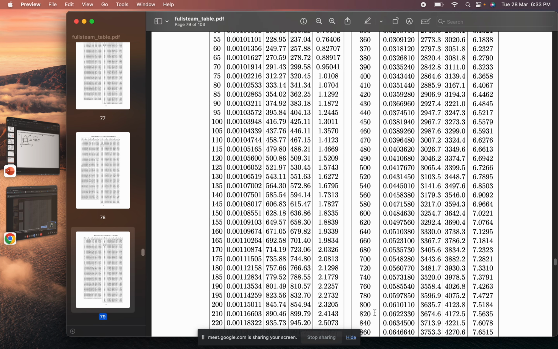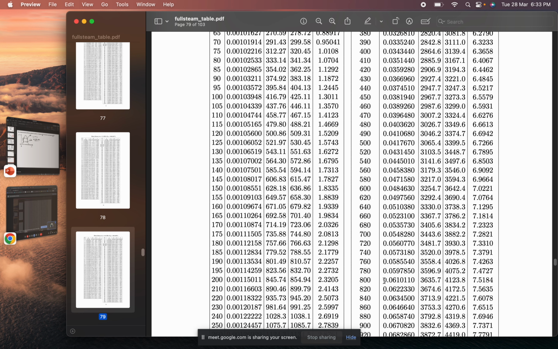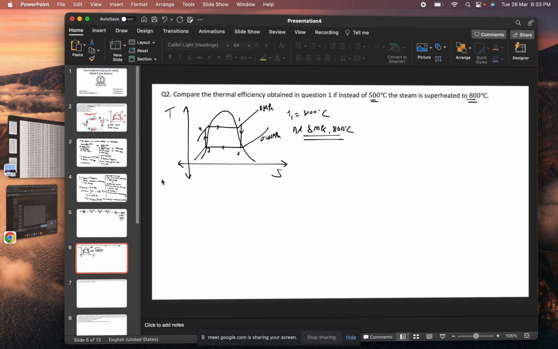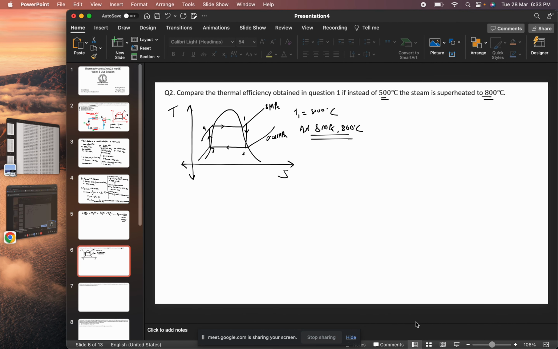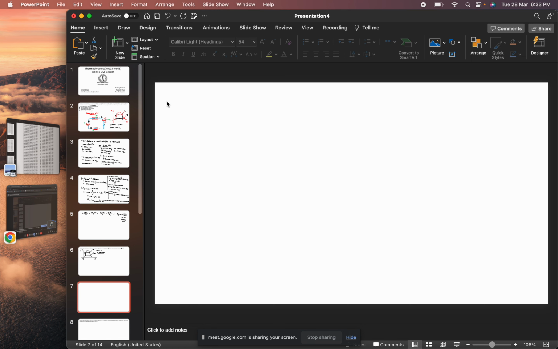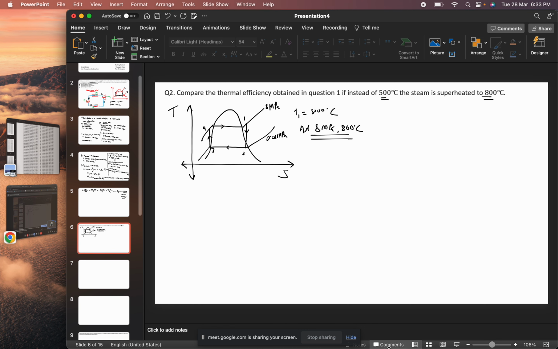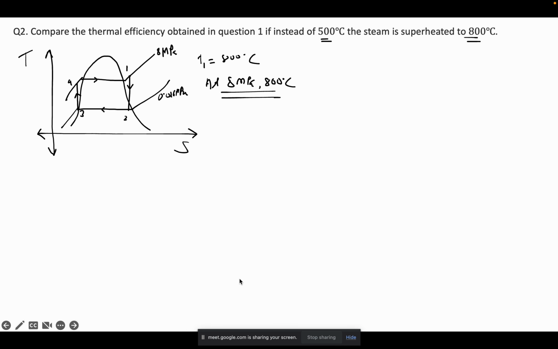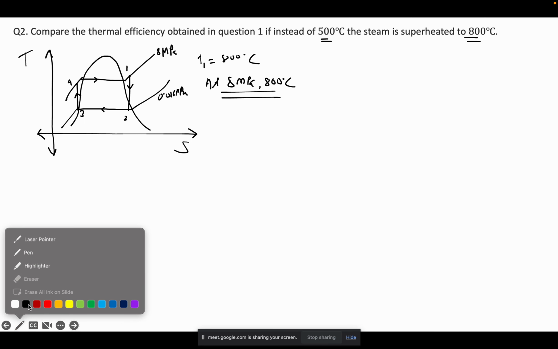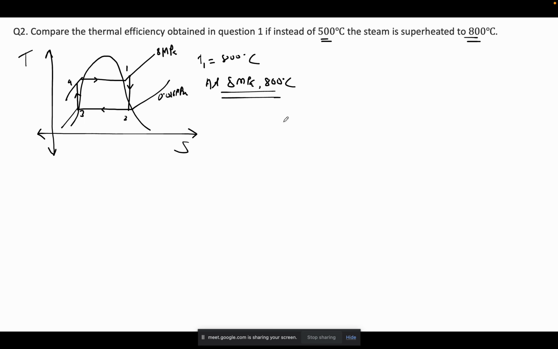So now I am superheating the steam to a further level. At 8 megapascal and 800 degrees Celsius, what are my H values?